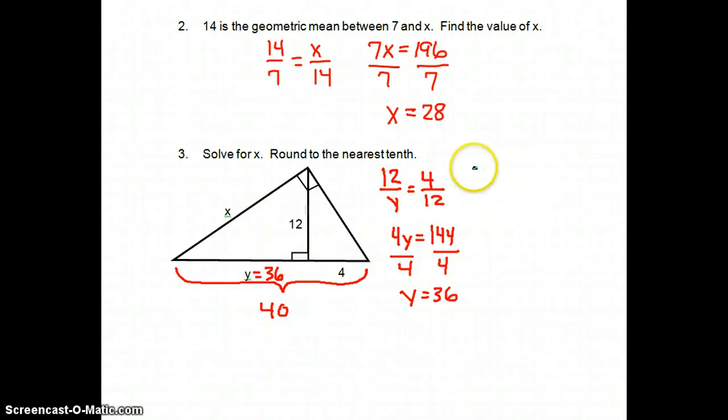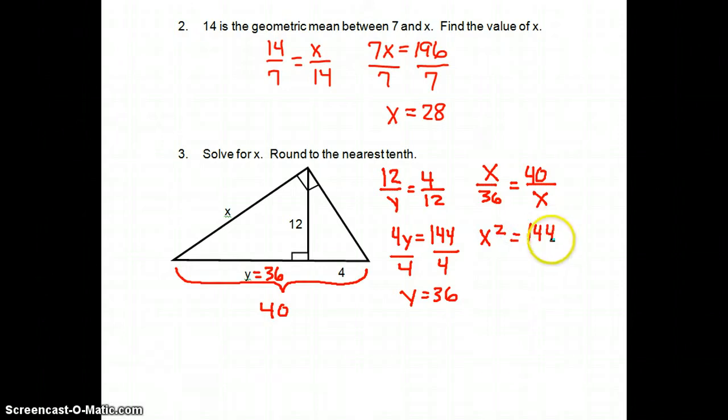So now we can say that x is the geometric mean of 36 and 40. Cross multiply, that gives us x squared equals 1440. Square root of 1440 is 37.9. So x equals 37.9. And that's what we needed to find.